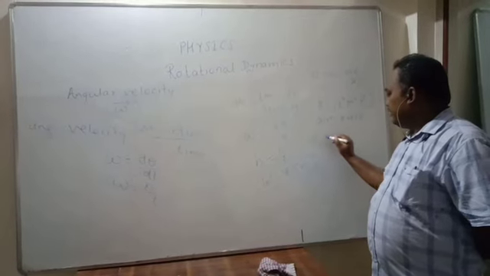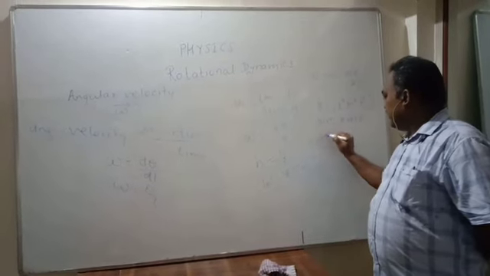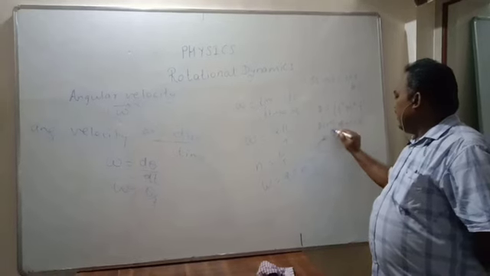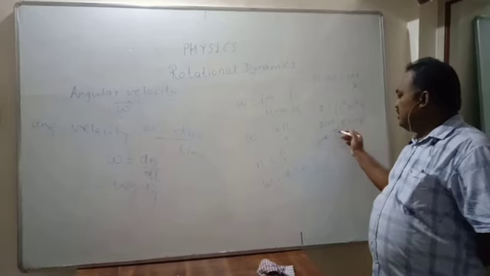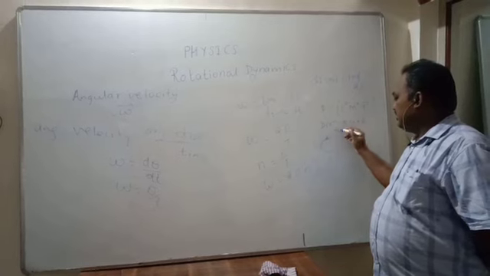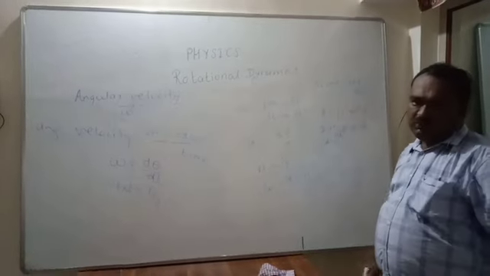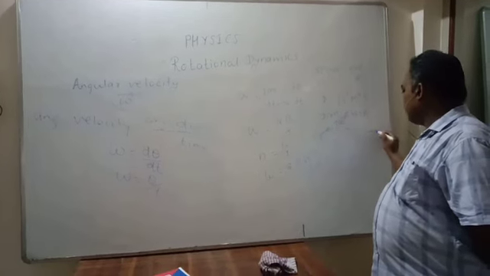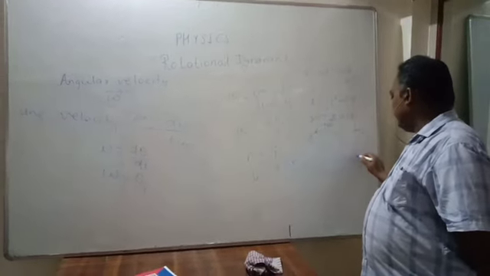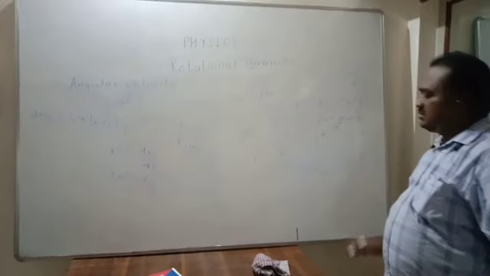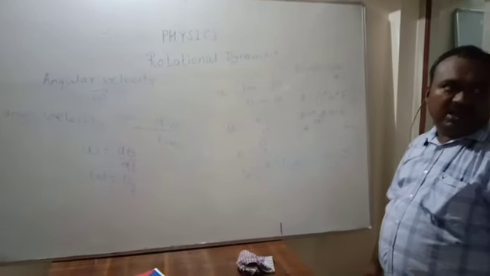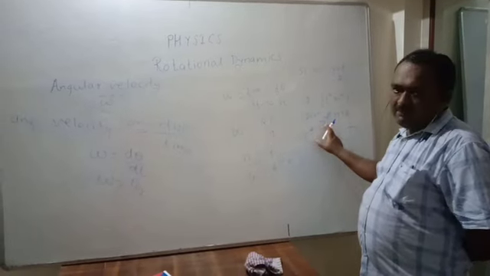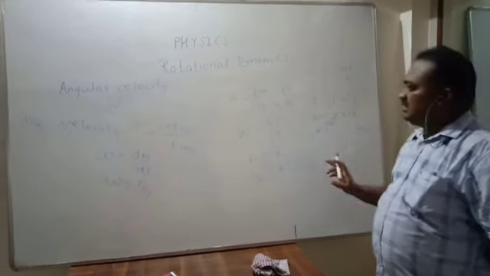If the particle is rotating in the anti-clockwise direction, the stretched thumb gives angular velocity omega in the upward direction, and the curled fingers give the direction of rotation. If the direction of rotation is clockwise, then angular velocity points in the downward direction. So when it is anti-clockwise, it is upward, and when it is clockwise, it is downward.